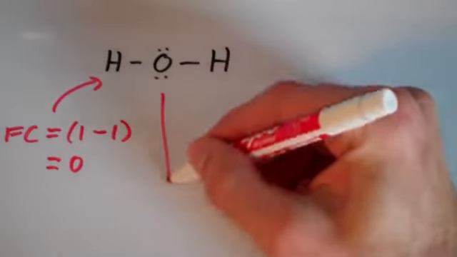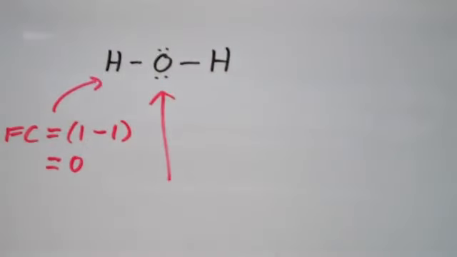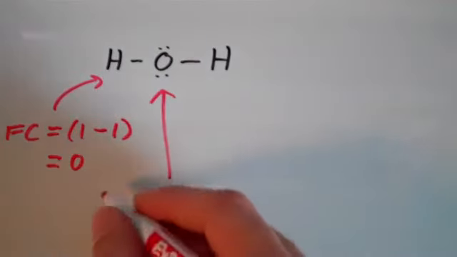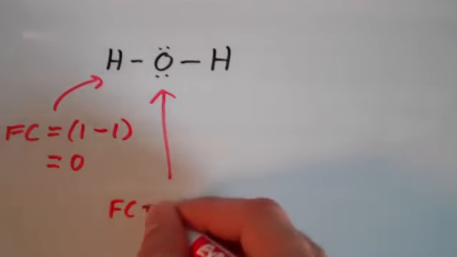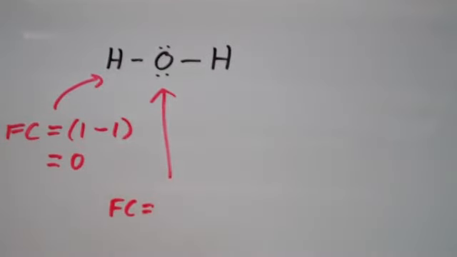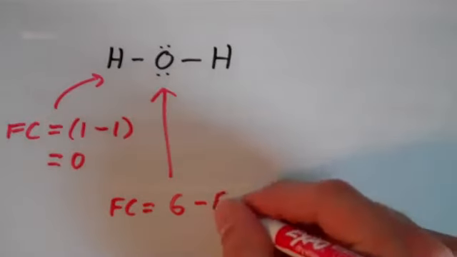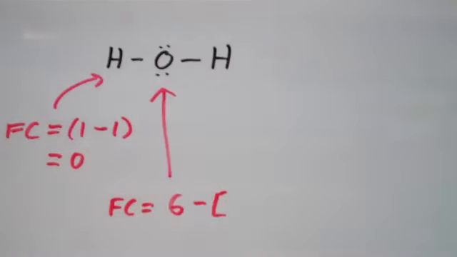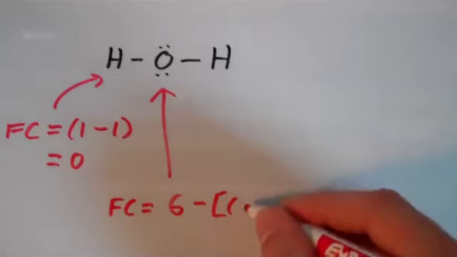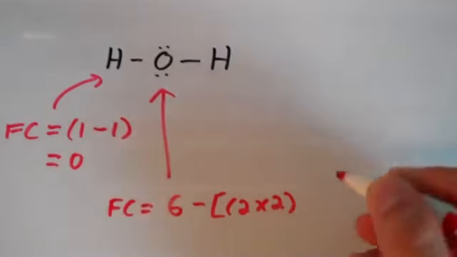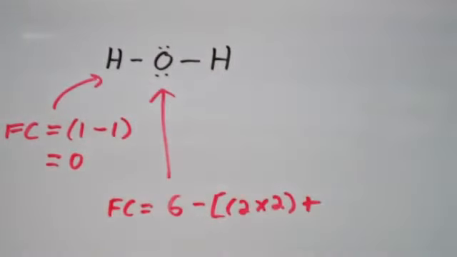Now let's calculate the formal charge of the oxygen atom. The formal charge of the oxygen atom is going to be the number of valence electrons that atom has, which, oxygen is in group 6, so it has 6 valence electrons. And now we have to subtract away the formal electrons. So the formal electrons is going to be 2 per lone pair, 1 per shared pair. Let's start with the lone pairs. There are 2 lone pairs, and it's 2 per lone pair, so 2 times 2, plus the shared pair electrons.